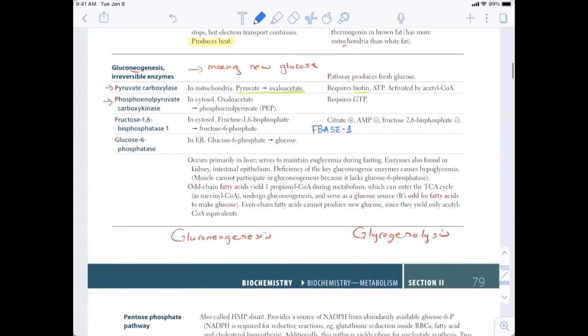Finally, this is a very important one. Your glucose 6-phosphatase, like the name implies, is a phosphatase, so it is removing phosphate.